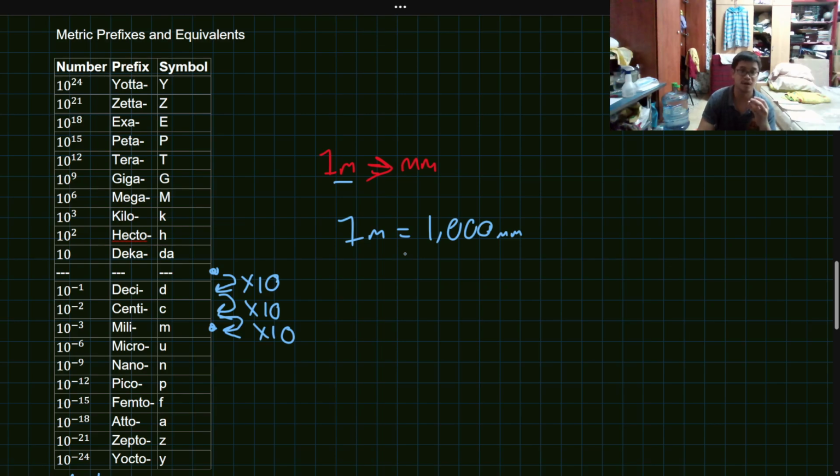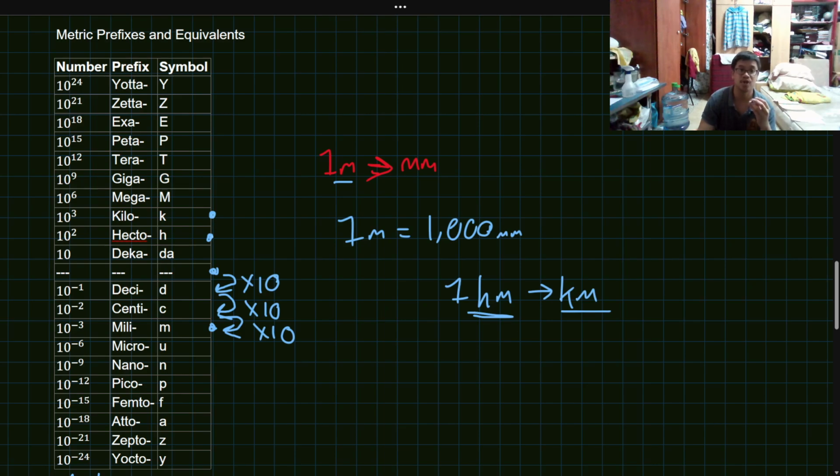It's also similar when you're going up. For example, if I have 1 hectometer going to kilometer, you need to locate where hectometer is. That's your given unit, which is here. And where is kilometer located? It's here.